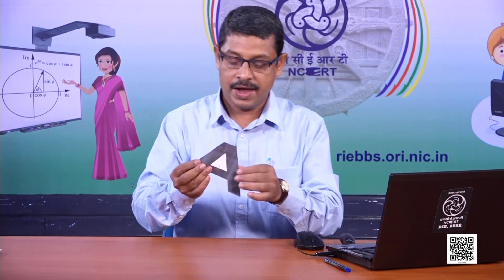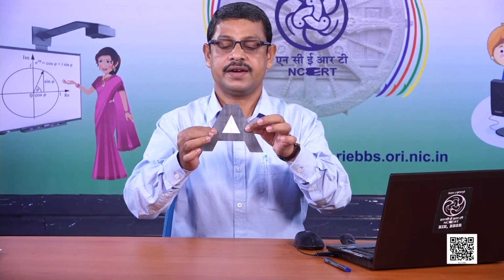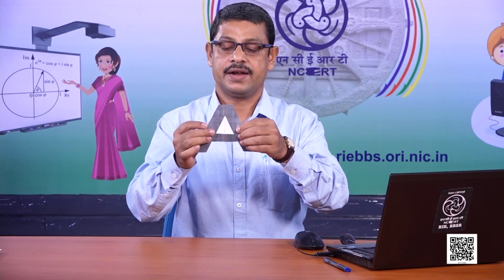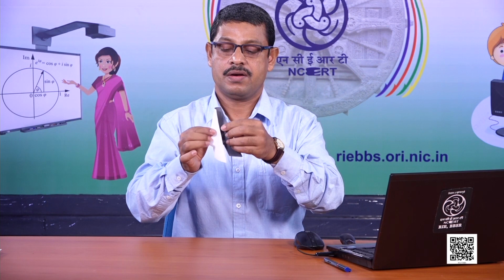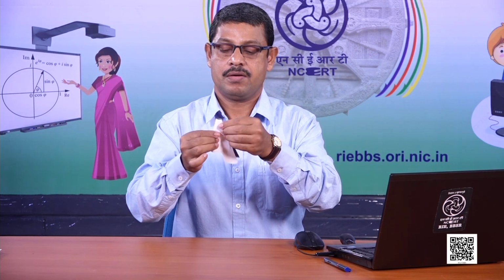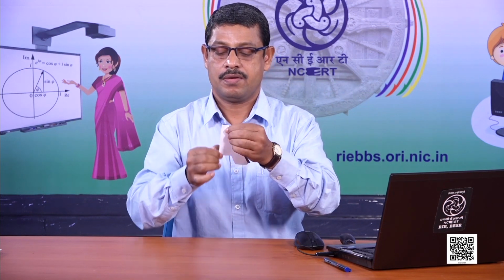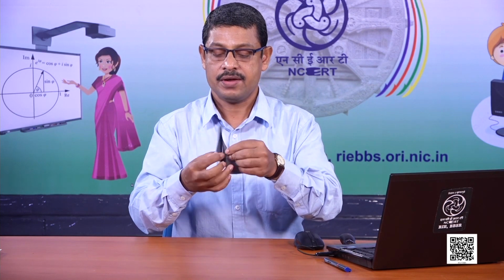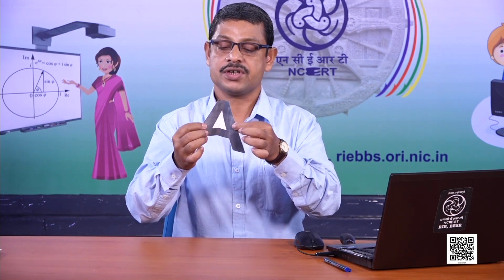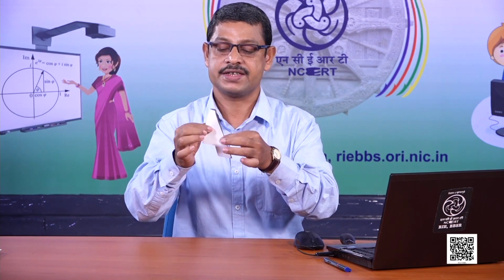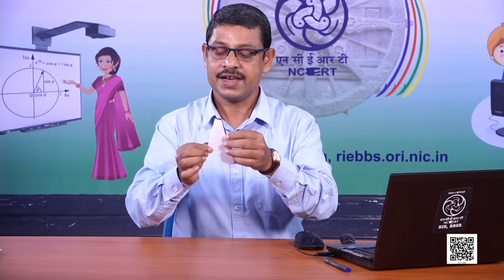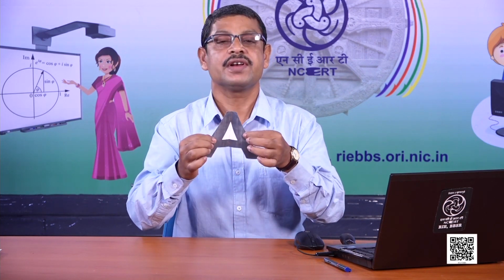Now see, I am folding this capital letter A along the dotted line. Now see, half of it is covering the other half exactly. So can I say these two are mirror halves?